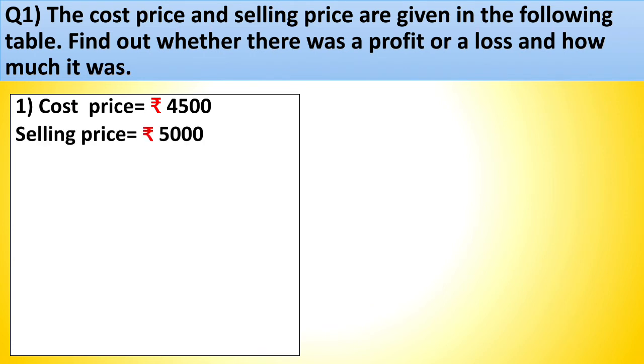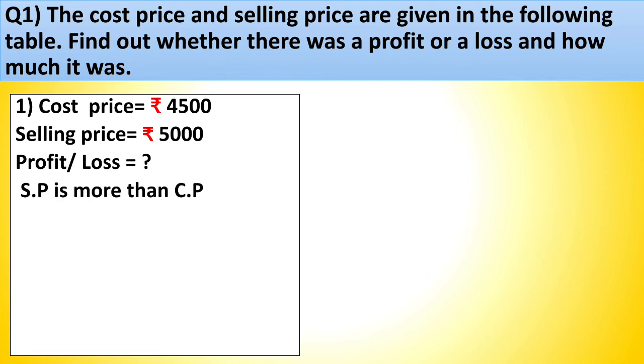Selling price is given 5,000. So student, here selling price is greater than cost price, right? SP means selling price, CP means cost price. Here selling price is more than cost price. When selling price is more, it means here we made a profit.